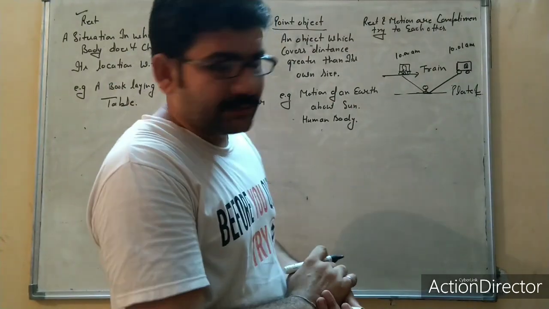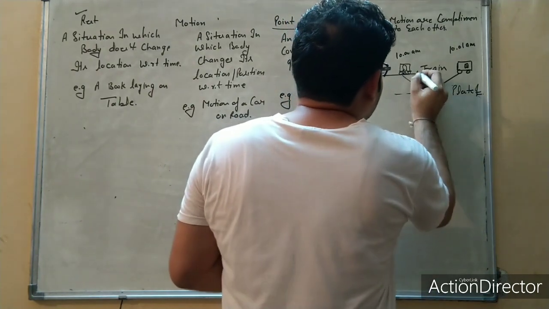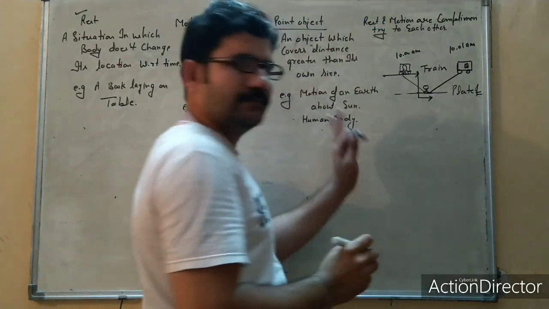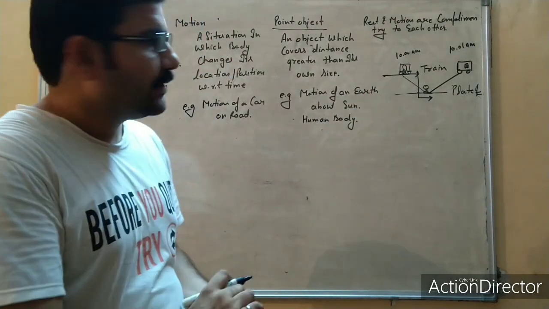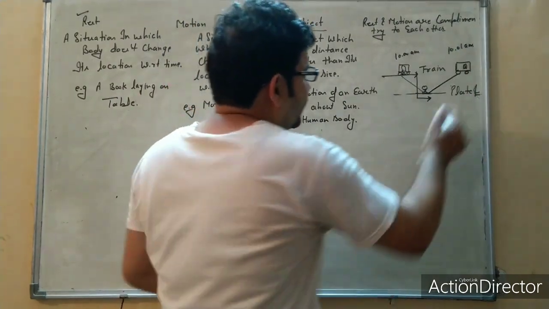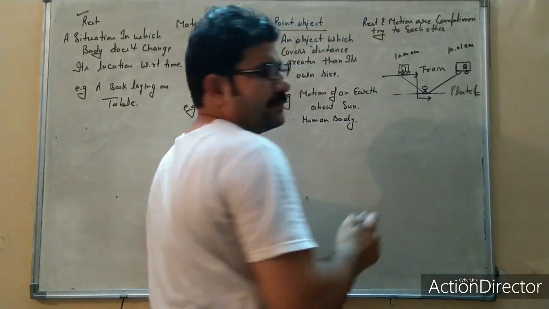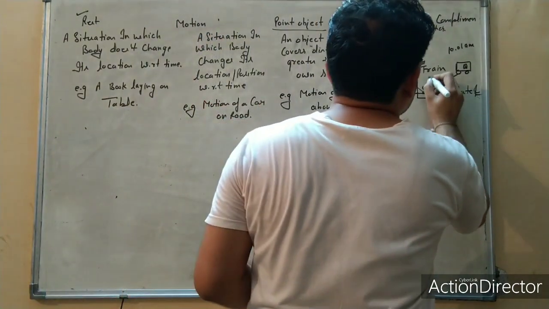But if we think that the passenger sitting inside the train is looking towards that standing person on the platform, he will find that the person was firstly ahead of the train at 10 a.m., but after 10:01 a.m. that person seems behind the train.